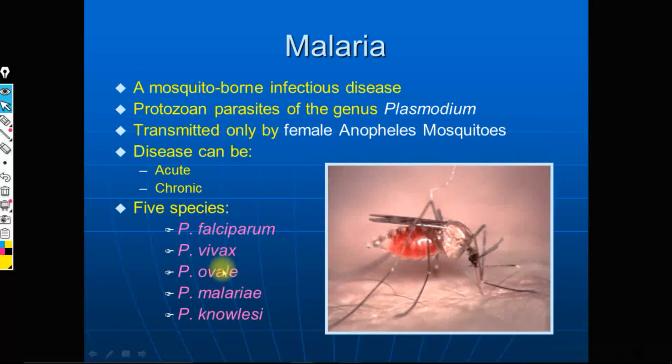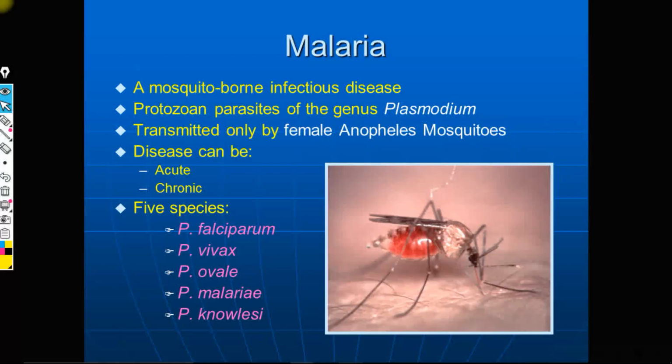Until 2002 we knew only these four species, right. But then in a later phase we came to know that knowlesi also is an important parasite, an important protozoa which is responsible for malaria in humans, right?